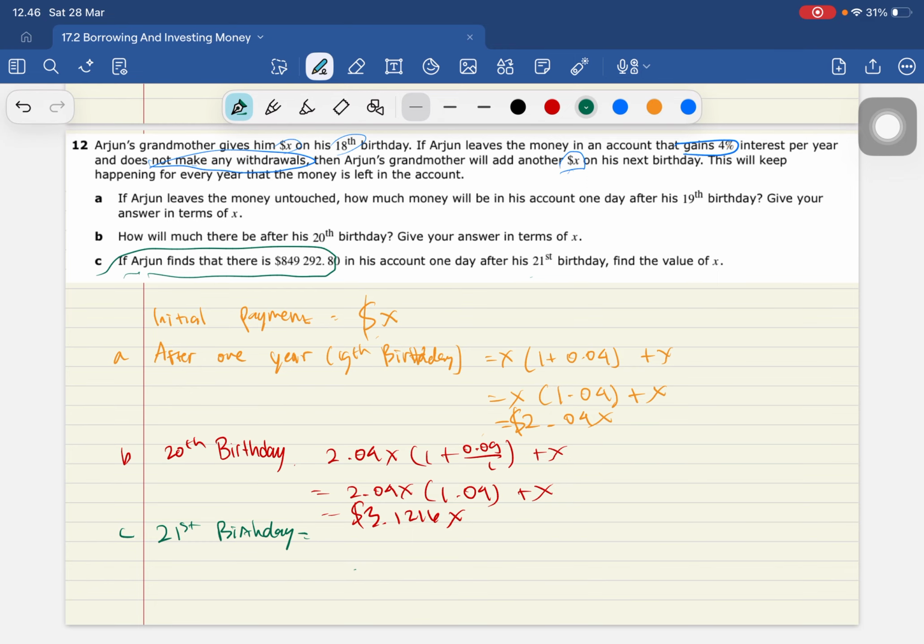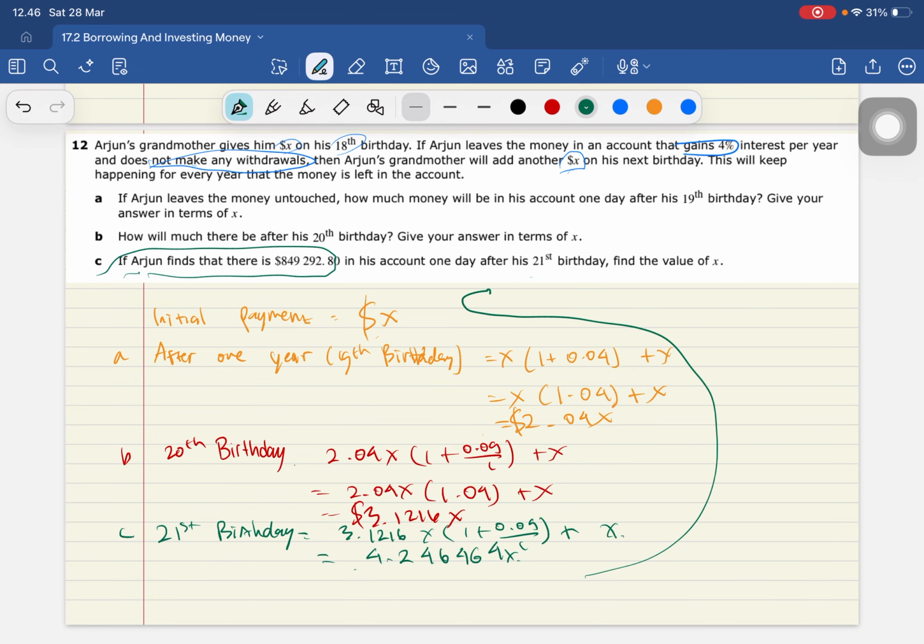We get it from the amount before: 3.1216X, with the rate 1 plus 0.04 divided by 1, and then we add X. So we will get 4.24646X.